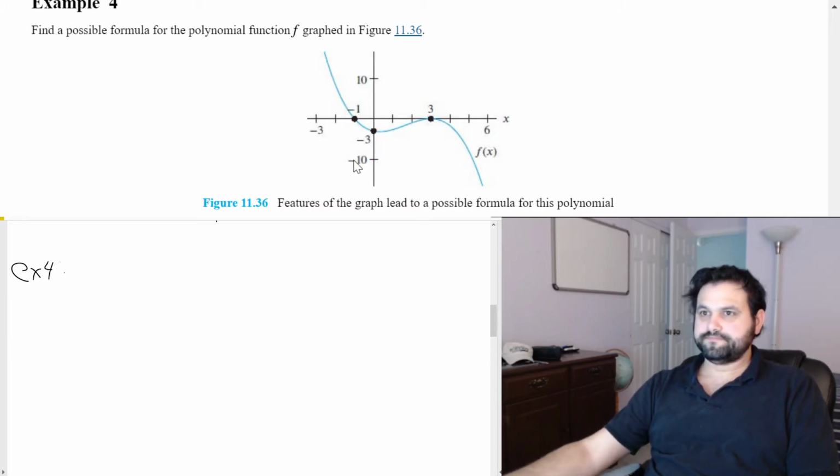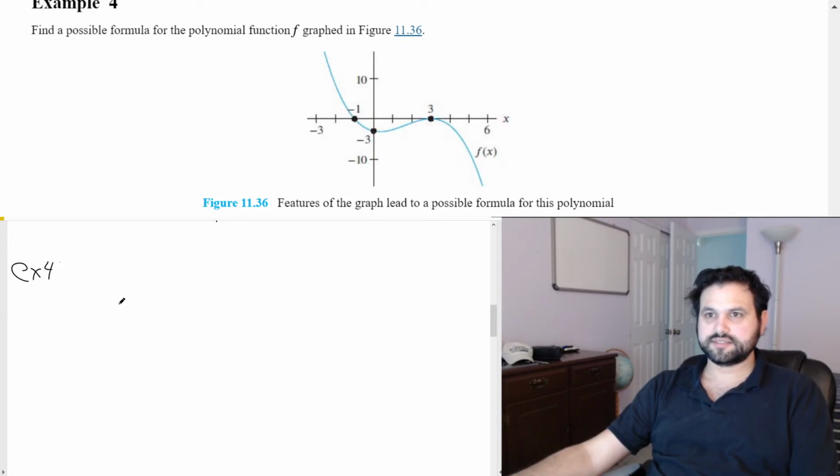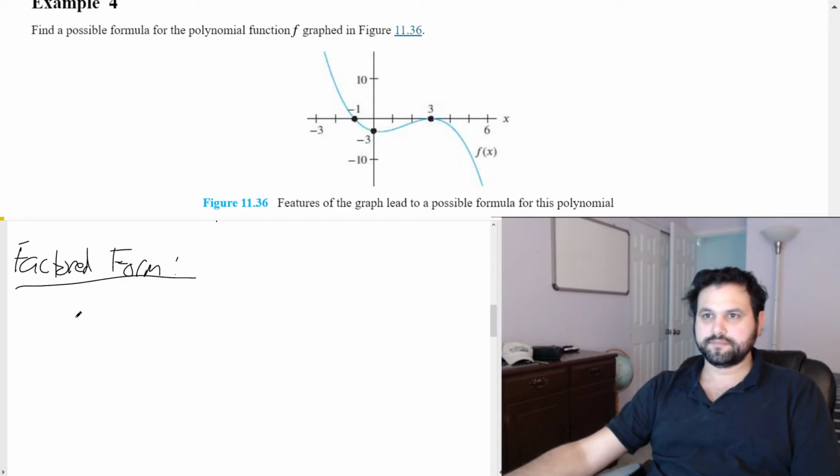So, actually, you know what? Before I even go into this, let's quickly talk about factored form, because there's a very important part of a factored form.